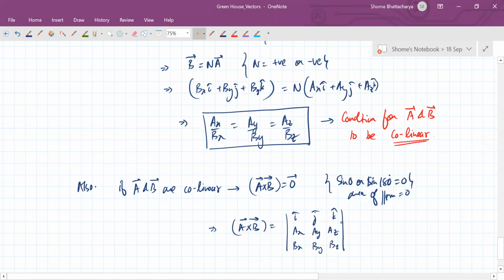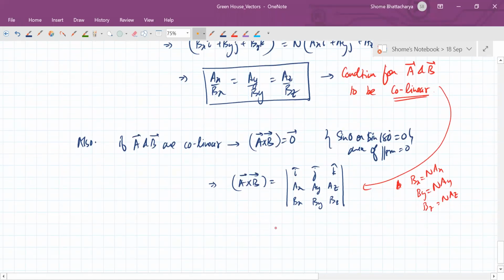Now in this, if we put this condition, therefore bx is n times ax, by is n times ay, and bz is n times az.